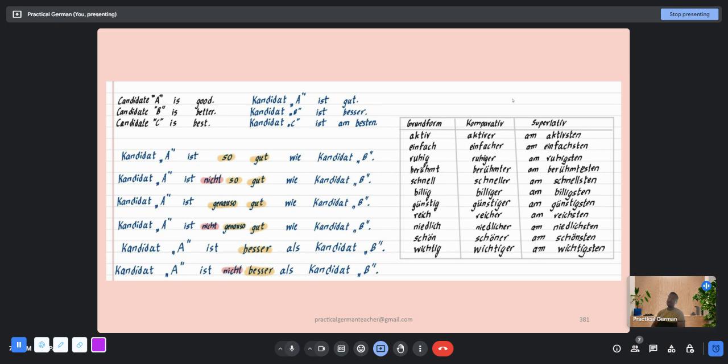Schnell, am schnellsten. Yeah. Billig, billiger, am billigsten. Günstiger, günstig, not günstig, günstig, right? Günstig, günstiger, am günstigsten.